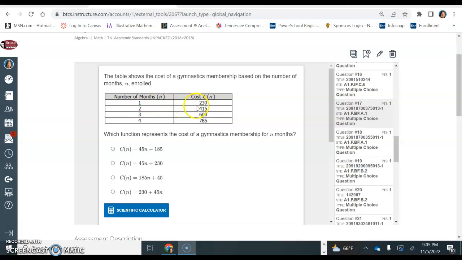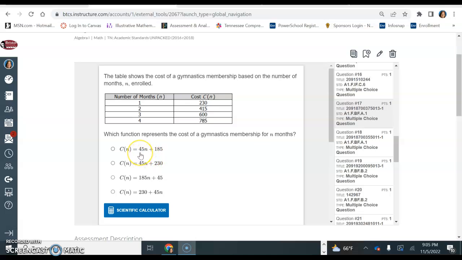Well, if month 1 is 230, how much was the initial cost? If you do 230 minus the 185, which is the difference for each monthly cost, that's $45. So you have an initial cost, a startup fee of $45, and then each month you pay $185. Let's see which one represents this.